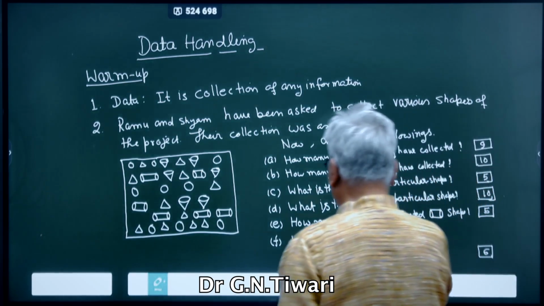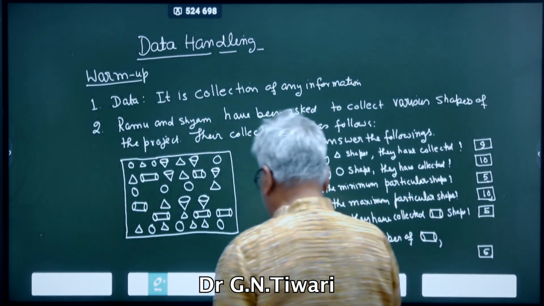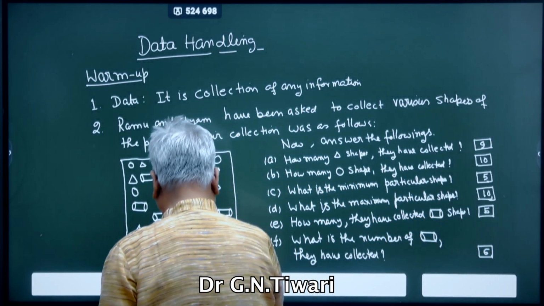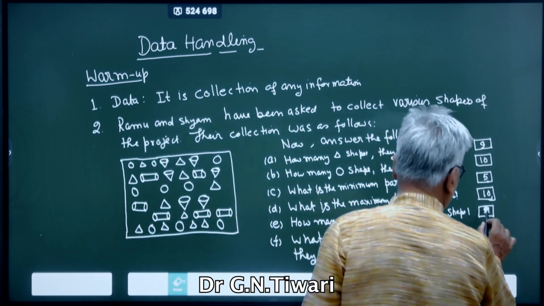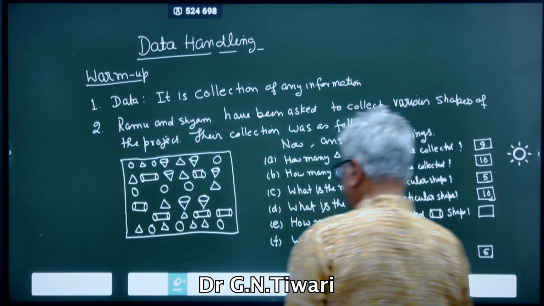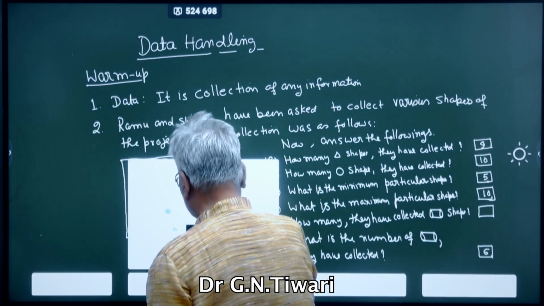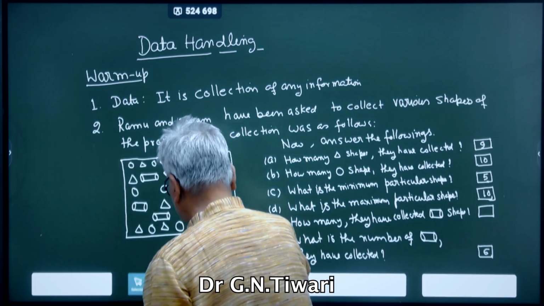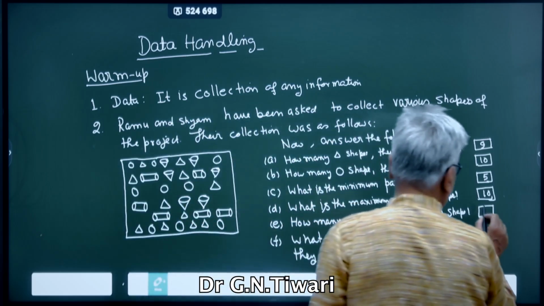And the answer of how many cylinder shapes they have collected is also 6, so there is a correction. They have 6 also.